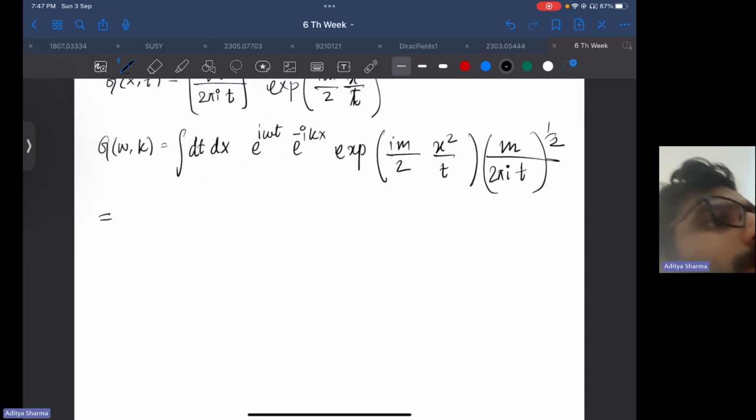So the x integral seems easy. So we start with dt e to the power i omega t.